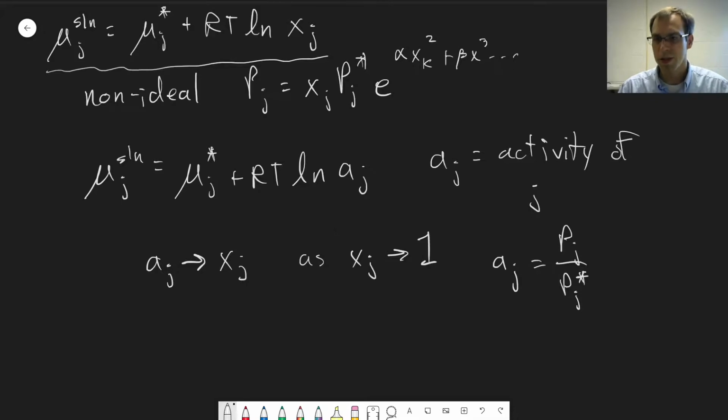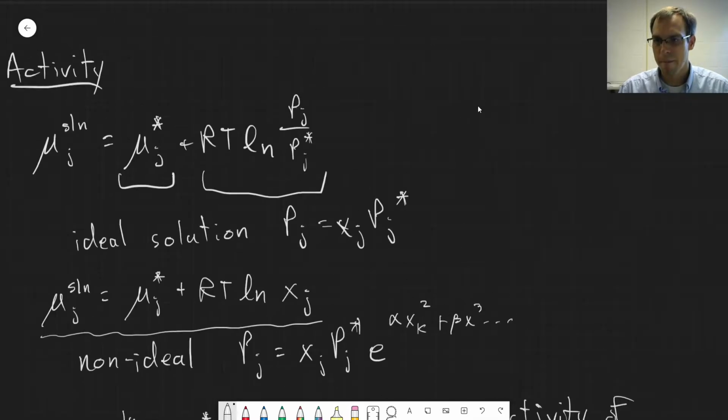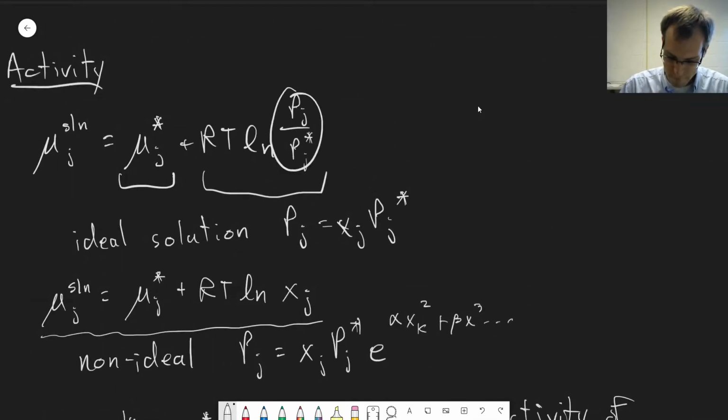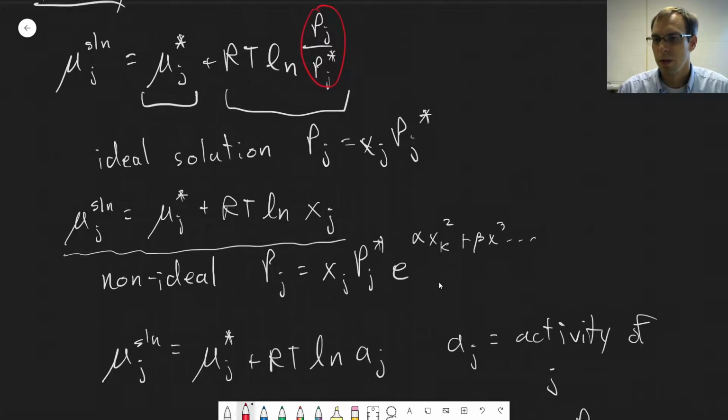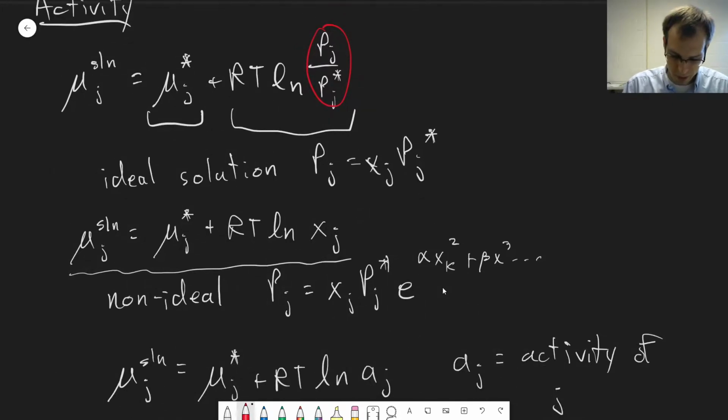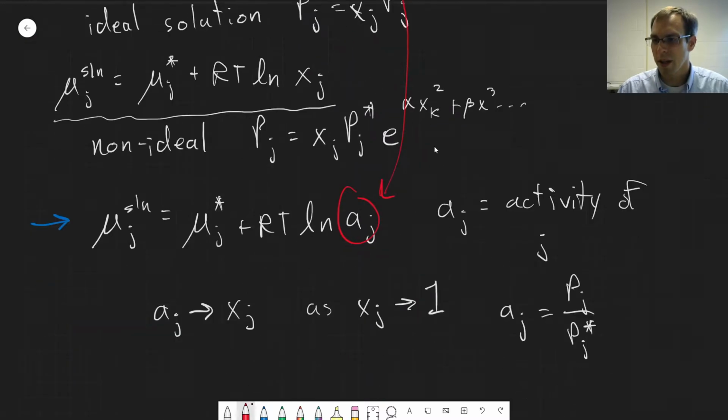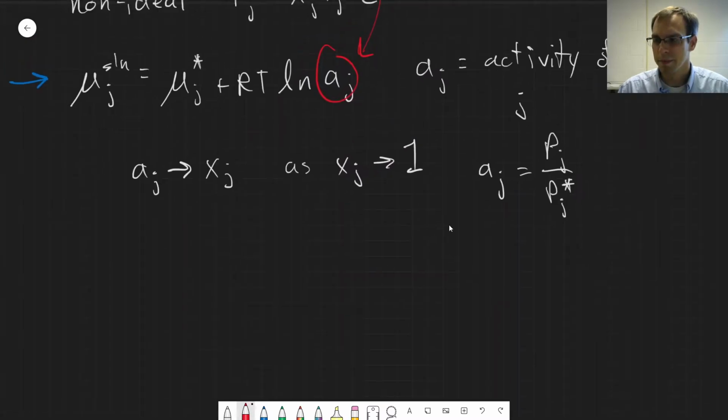So it's equal to this expression that we had up here. Let me put that in a different color. If you compare this equation up here and our version with activity here, these two things are equivalent. I'll circle it in the same color. Activity has to be equal to this, Pj over Pj star. So that gives us a way to define activity.